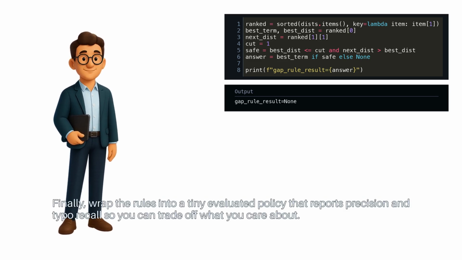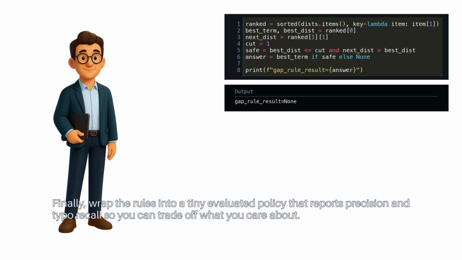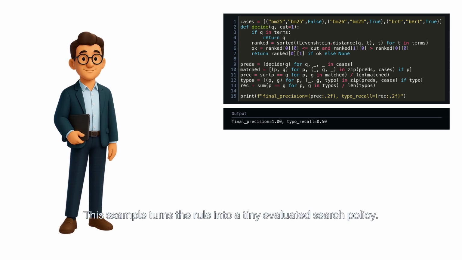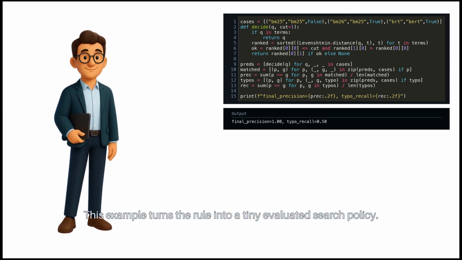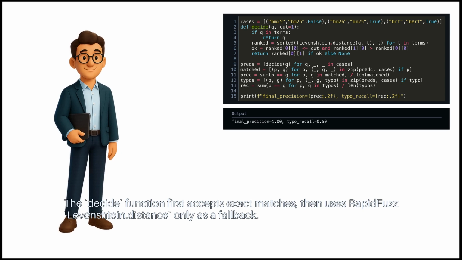Finally, wrap the rules into a tiny evaluated policy that reports precision and typo recall so you can trade off what you care about. This example turns the rule into a tiny evaluated search policy. Decide function first accepts exact matches, then uses RapidFuzz Levenshtein.distance only as a fallback.